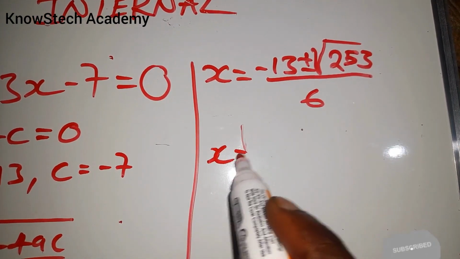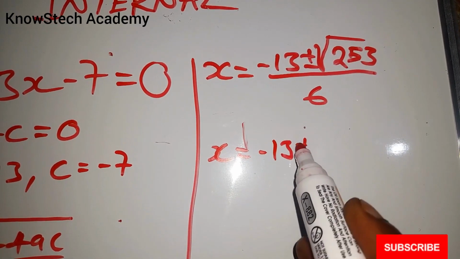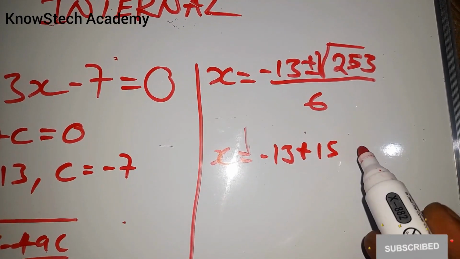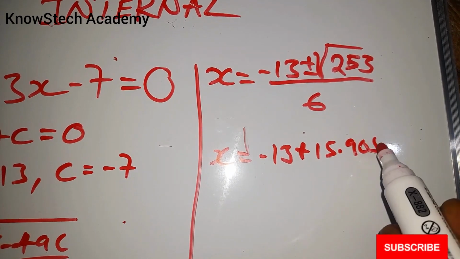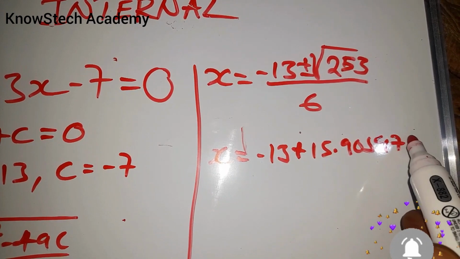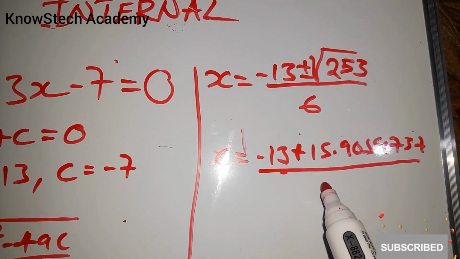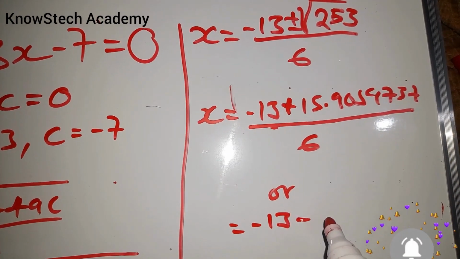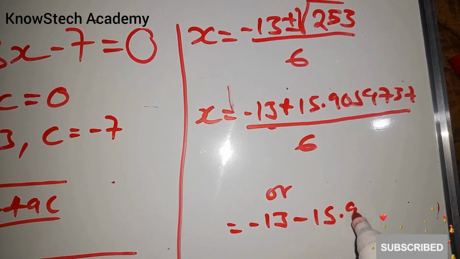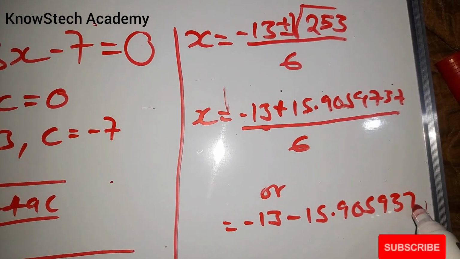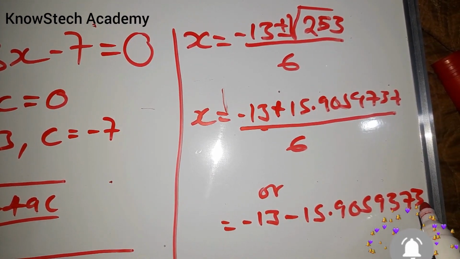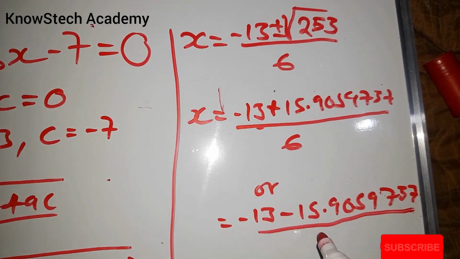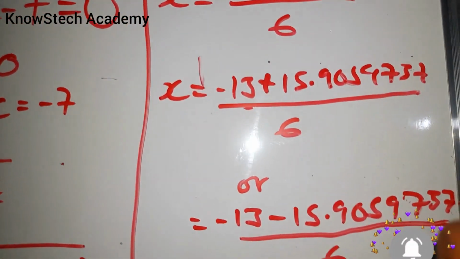So x is equal to negative 13 plus the square root of 253, which is 15.9059737, over 6, or negative 13 minus the same number, 15.9059737, over 6.